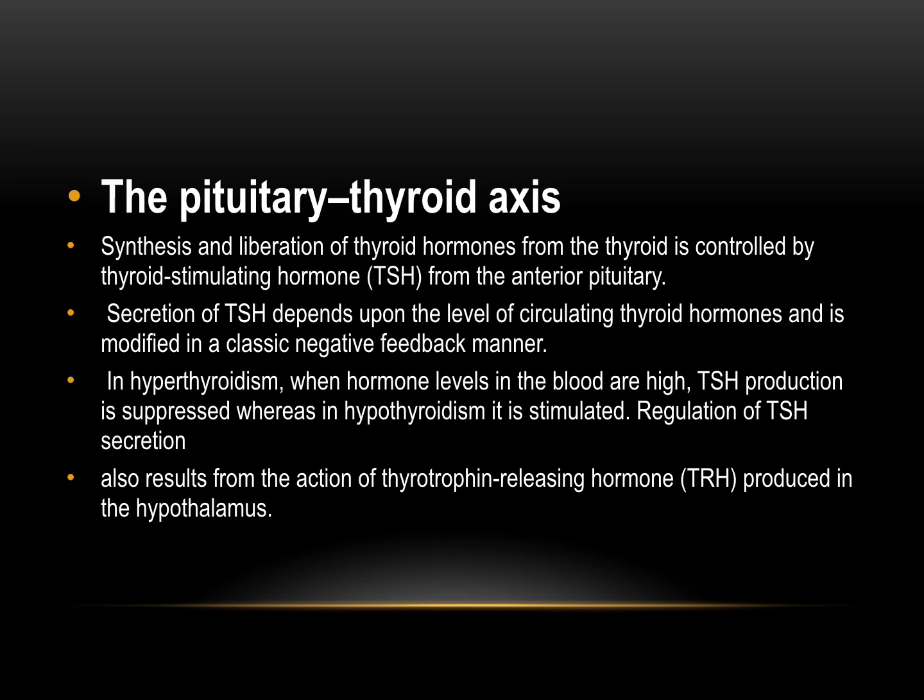In hyperthyroidism, when the hormone levels in the blood are high, TSH production is suppressed, whereas in hypothyroidism it is stimulated. Regulation of TSH secretion also results from the action of thyrotropin releasing hormone produced in the hypothalamus.